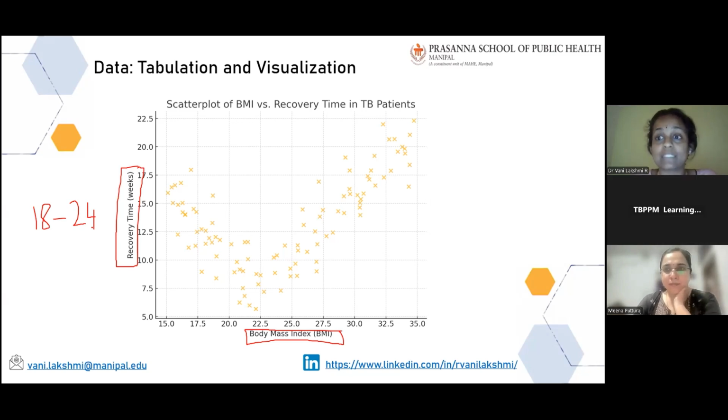The health risks are there for you. And if your BMI is less than 18, you are underweight. That also puts you at health risk for several other conditions. So, what did the research staff do? He collected height and weight of the patients who are coming for treatment.